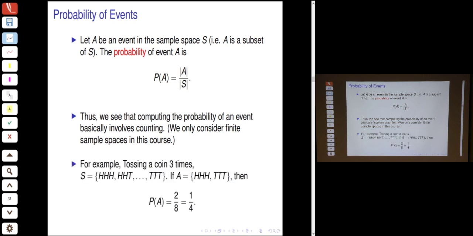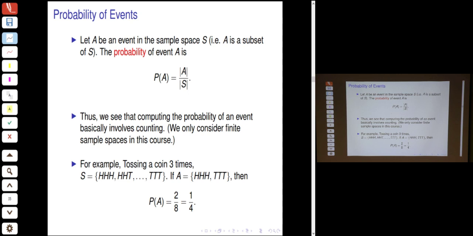Now let's look at an example. Tossing a coin 3 times, right? So the sample space is like this. It's 2 to the power 3, right? Because the first toss has 2 possibilities, the second also 2 possibilities, the third one also 2 possibilities. So the total number of combinations is 2 times 2 times 2, which is 2 to the power 3.